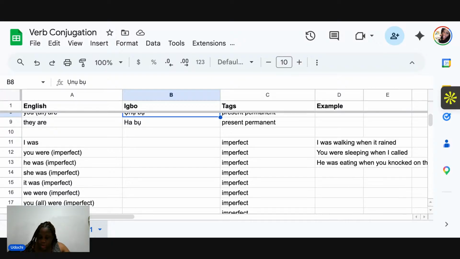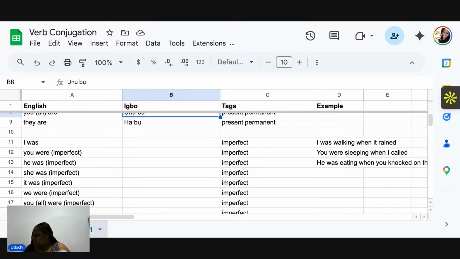We're looking for imperfect. Simple past tense, simple present tense, future tense, negative conjugation, okay, future negation. Okay, she doesn't go too deep.